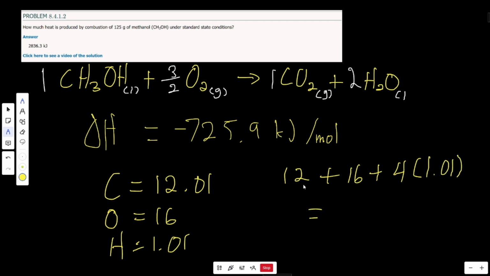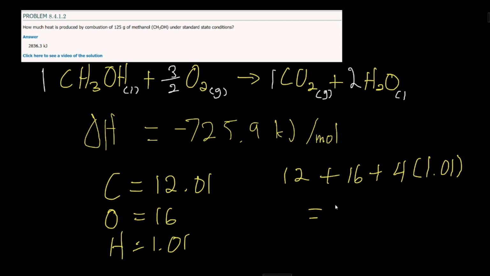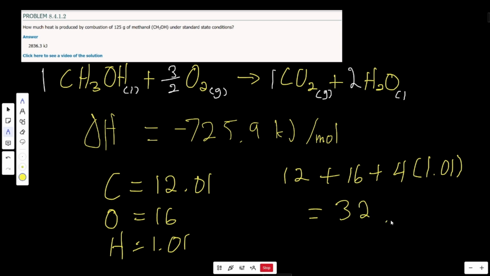This will give us 28 plus 4.04, that's 32.05 grams per mole of methanol.